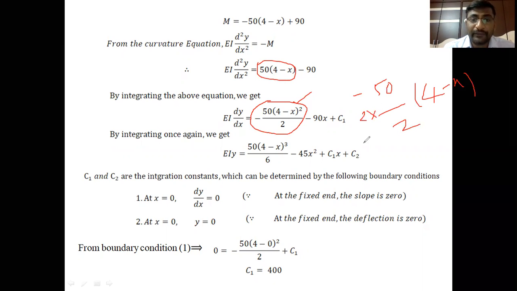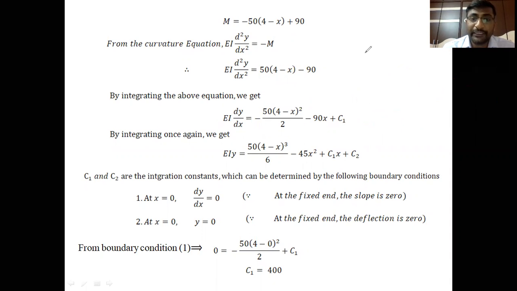X power n formula, differentiation of x power n is n into x power n minus 1. So n minus 1 is 1. Minus x differentiation is minus 1. So minus times minus is plus. So the 2 cancels, and finally we will get 50 into 4 minus x.